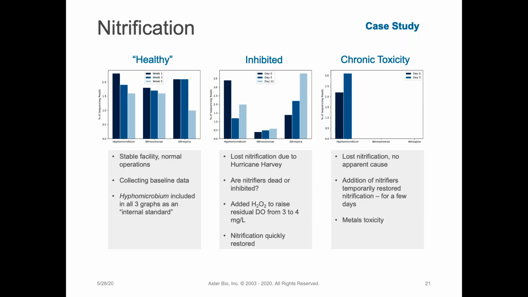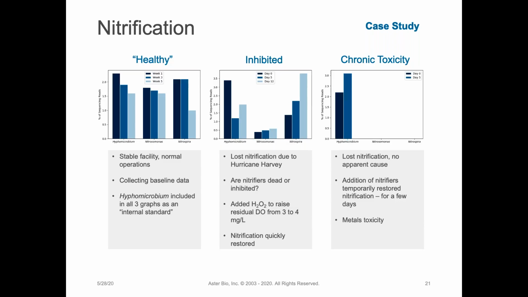Using quantitative PCR, we were able to identify the fact that the bacteria were present, not dead, not absent. They needed more dissolved oxygen to start growing again. We suggested to the operators that they supplement with hydrogen peroxide to raise the residual dissolved oxygen just a few ppm, and nitrification was restored in just a few days.